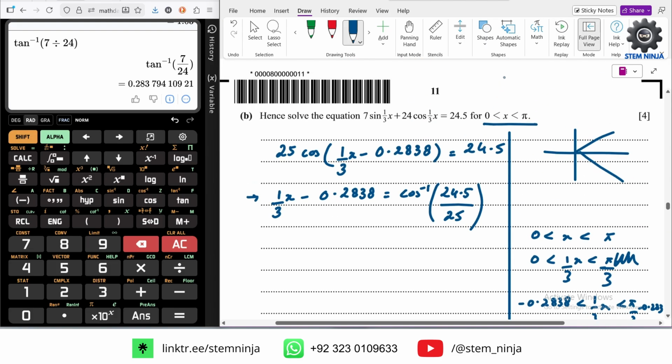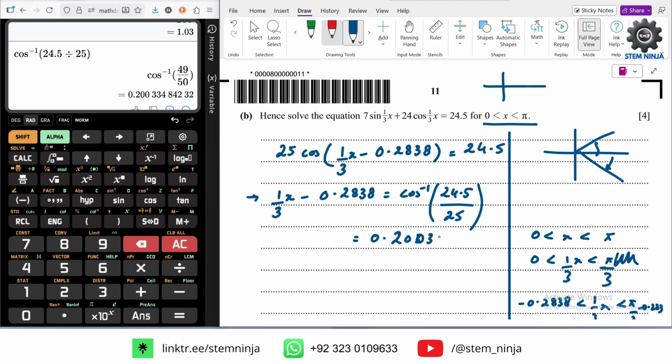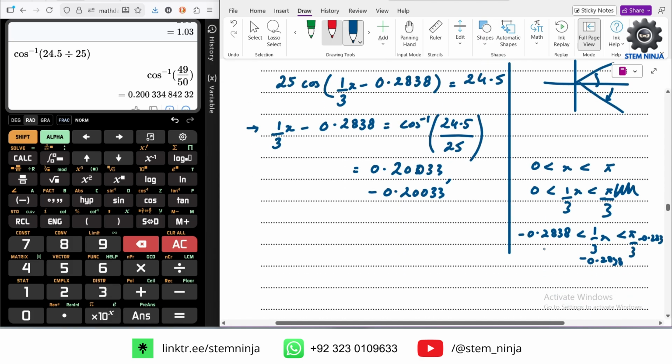Notice that the same value of the cosine would be in the negative form also. So negative of the same value. If we do the cos inverse of 24.5 divided by 25, you will have 0.2003, and you will have minus 0.2003 also, which is in the range, right?